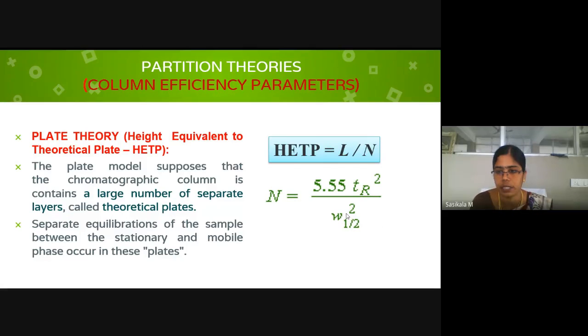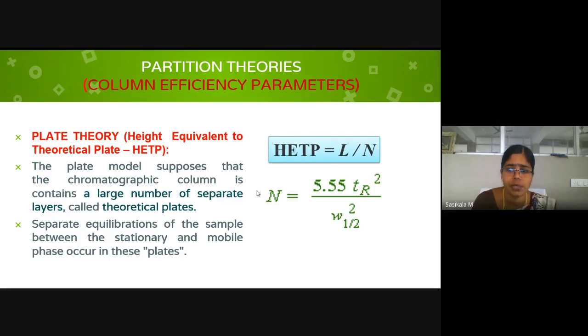W half is the half width, or the width at half maxima of the peak. The square of the half width is taken for calculating the number of theoretical plates. The factors considered here are 5.55, the square of retention time, and the square of half width of the peak.